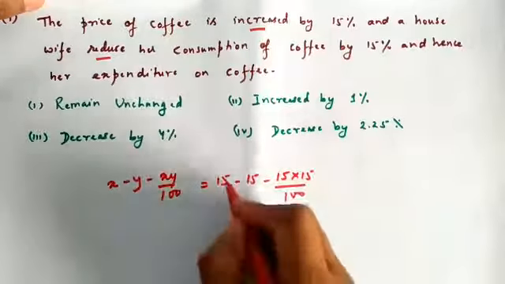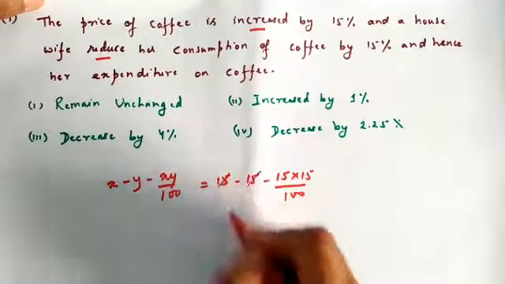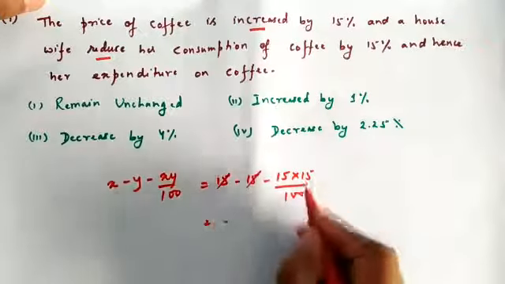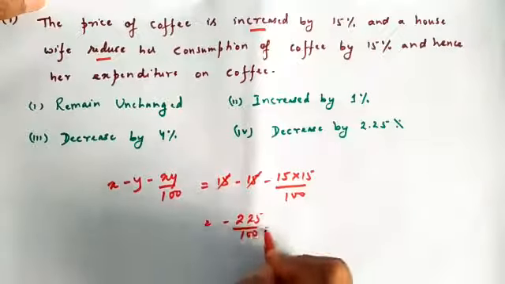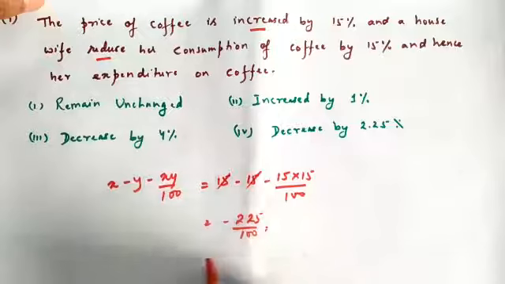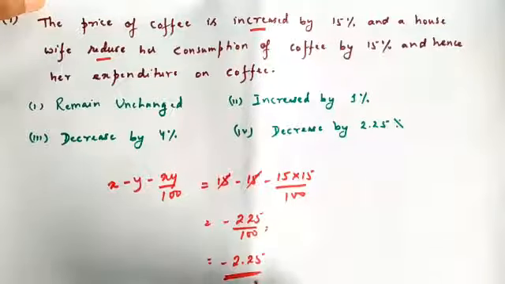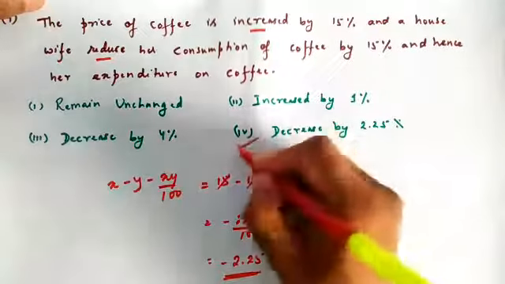So plus 15 minus 15 cancel each other, and minus 15 into 15 is 225 by 100, which in decimal is 2.25. So her expenditure is reduced by 2.25. The answer will be option D.